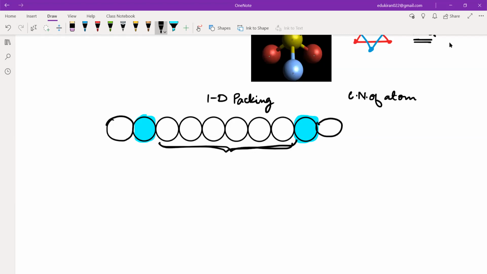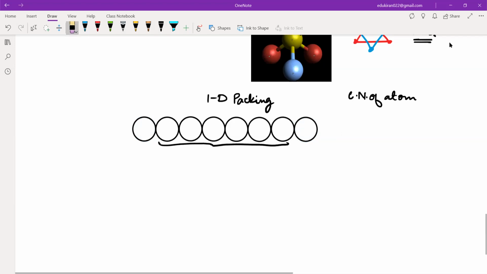I cannot add any atom adjacent to it. As soon as I add an atom here, it is not 1D packing. Now it has got a length also. This is the width that we have got, and if I add down, I will get a length also. So when I want the coordination number, I will be looking at the atoms whose environment is completely made.